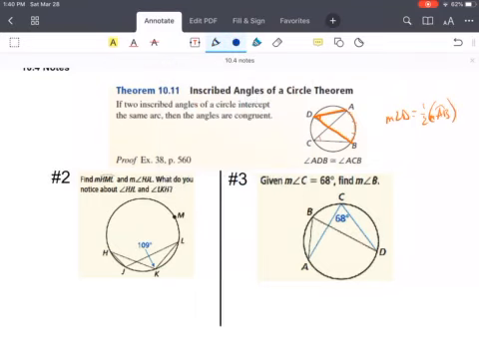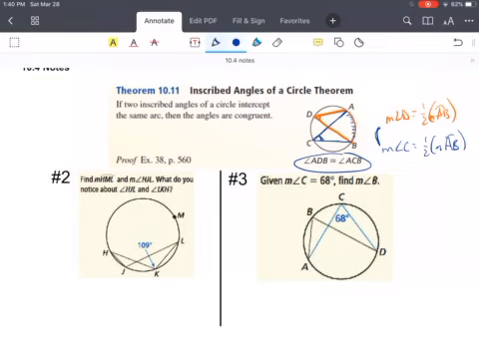But then I also have another angle, angle C right here, which is made up of chord AC and chord CB, and it also intercepts that same arc. So I know that the measure of angle C is equal to half of that arc as well. And since they are both equal to half of the same thing, that's where you get the fact that those two angles must be equal to each other.